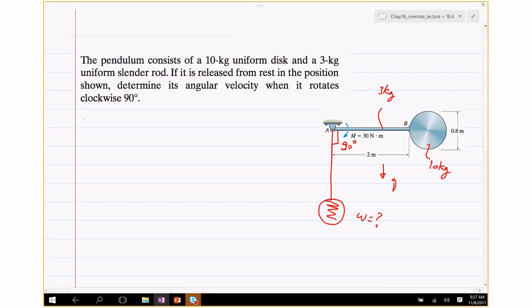Again, it's a good idea to draw the free body diagram because that will help us find if there are conservative or non-conservative forces. So I'll write this as Ay, because that's point A, Ax.